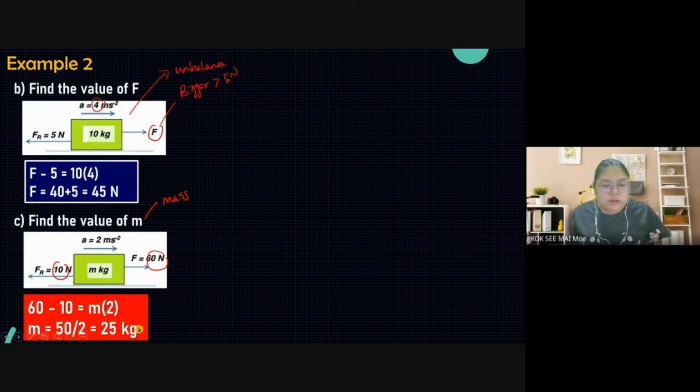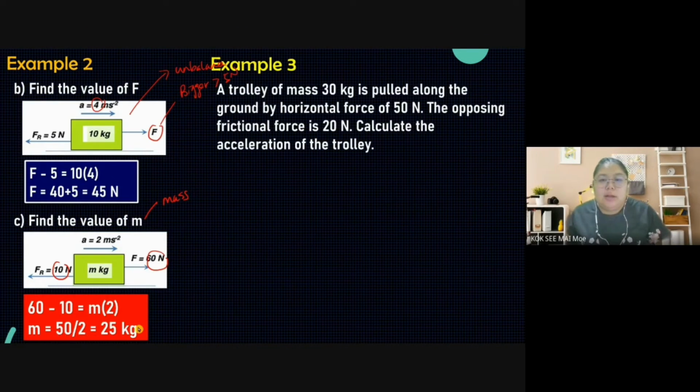Okay, then we continue to example 3. Example 3 is supposed to be your example 2, I think. You can check your example 2. Okay, a trolley of mass 30 kg. Important, write the info first. Mass 30 kg.